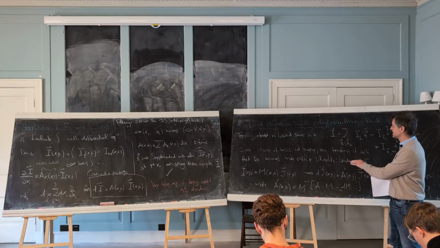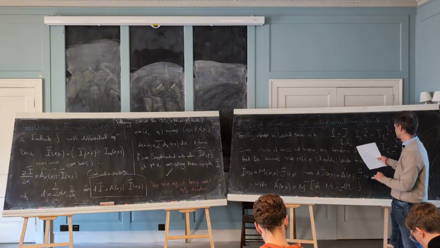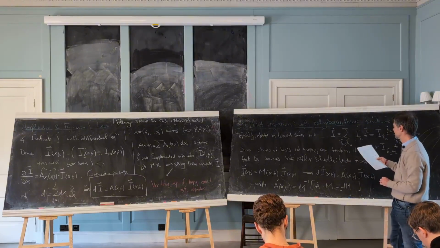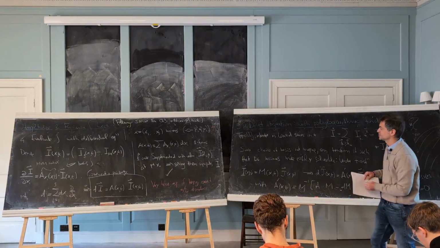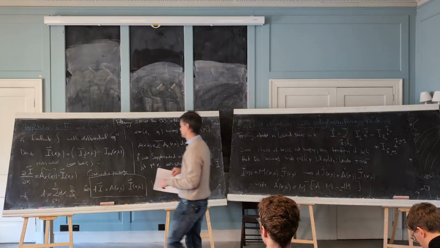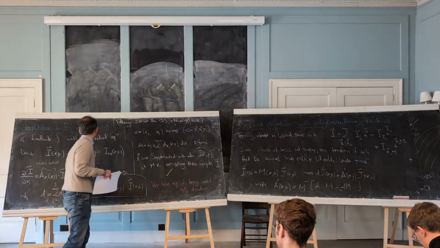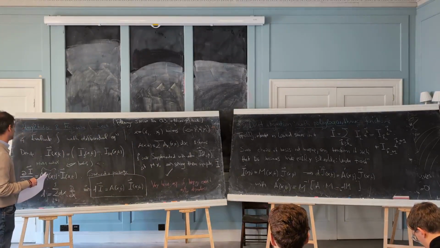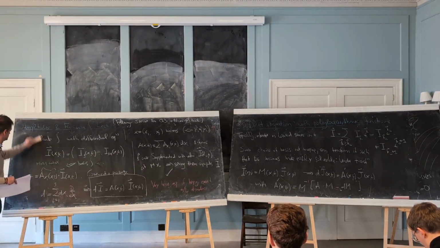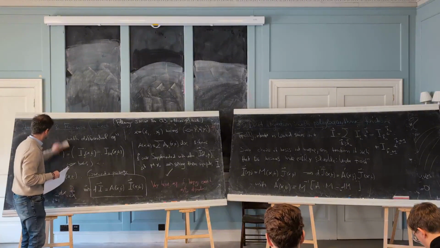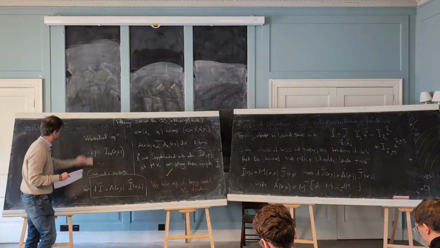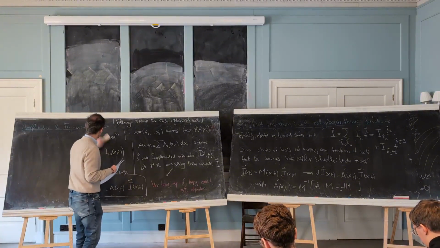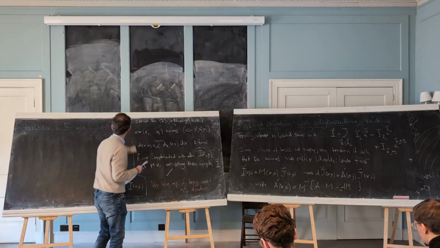So that's how you can convince yourself that this is how a linear transformation of the basis acts on this connection. Let me write down a few more equations and then we take a break, okay?